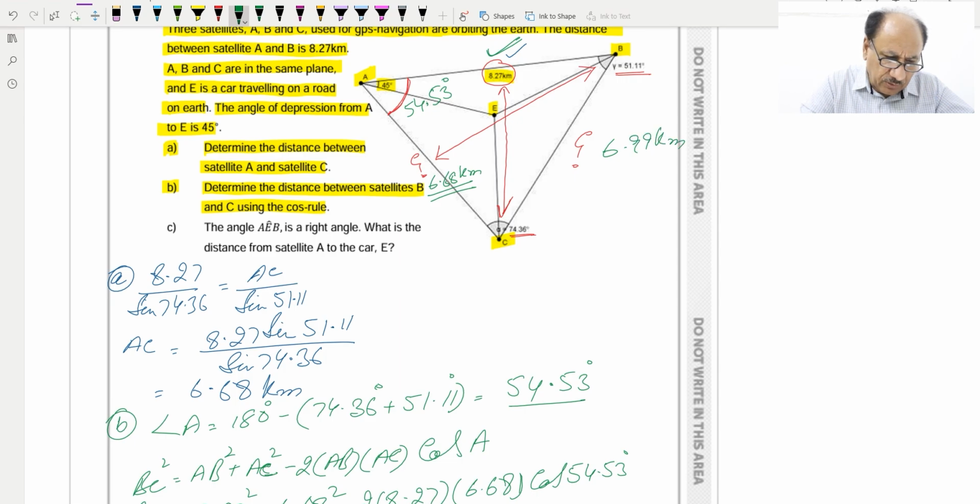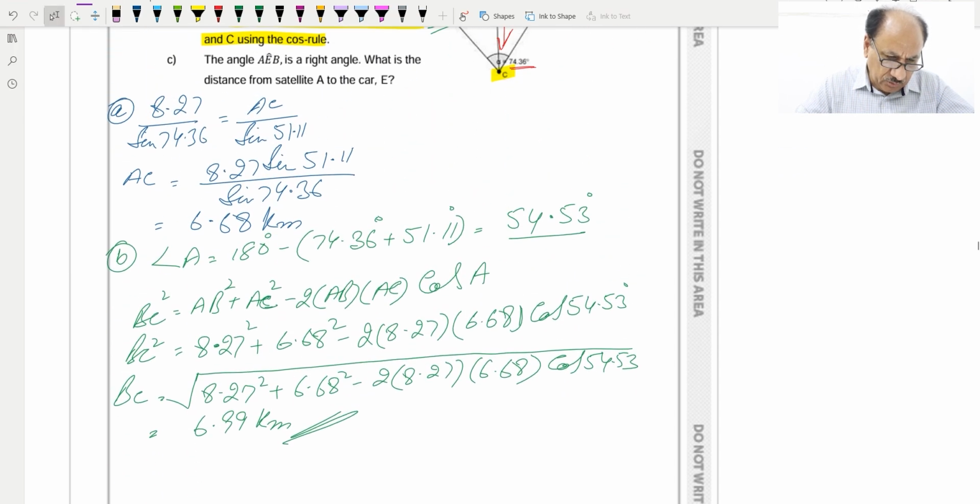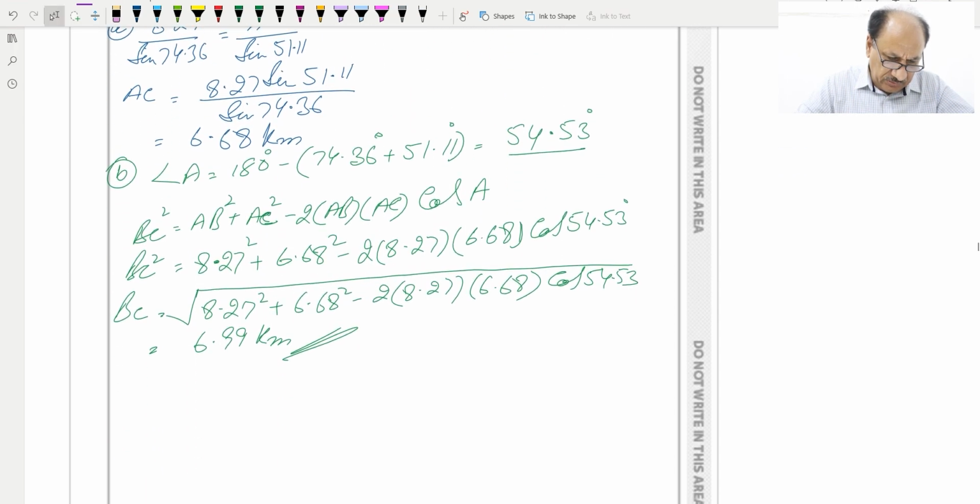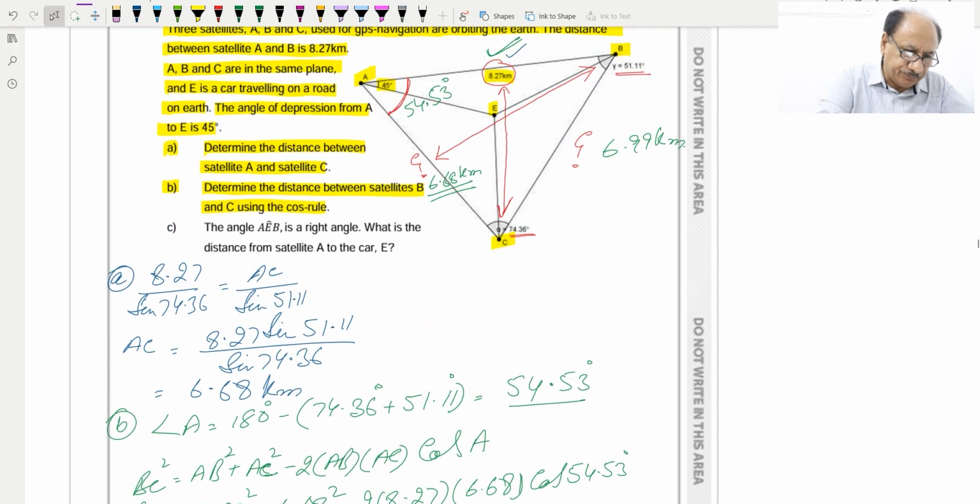Now part C says the angle AEB, which is basically this angle.